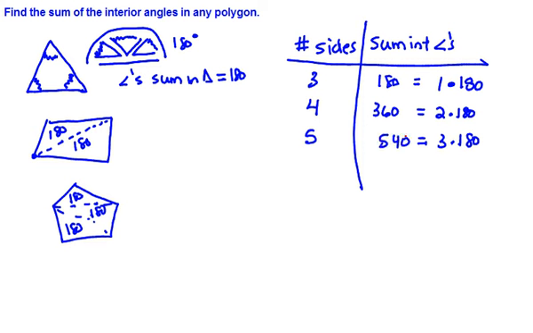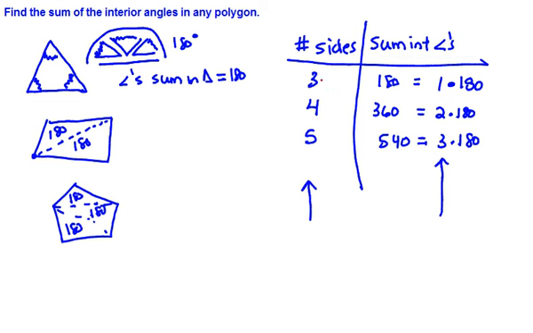Now we're going to try to figure out how this is happening. If you look at the column that says the number of sides, and you look at this column right here, the 1, 2, and 3, the 3 sides gives you 1 triangle. 4 sides gave you 2 triangles, and 5 sides gave me 3 triangles.